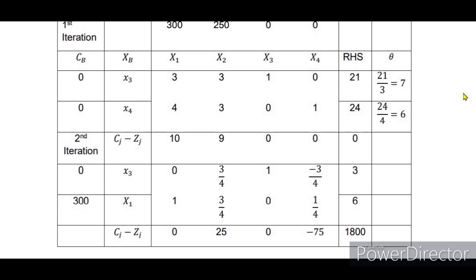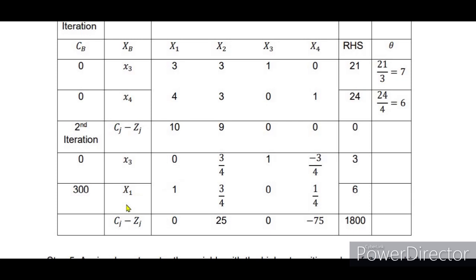Okay, so now since we chose 6, our pivot element, or the pivot, is 4, because it is in the intersection of 6 and the highest value of Cj minus Zj. That is why it is the pivot element.